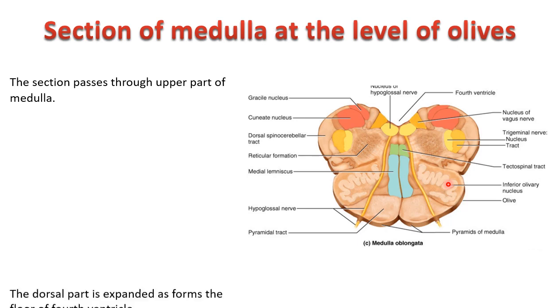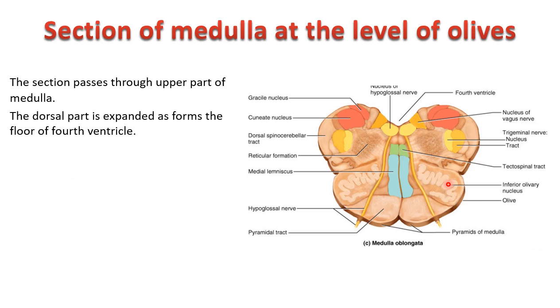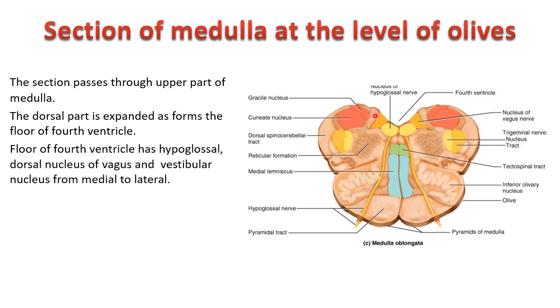Before that, what are the other aspects? You're able to see now the dorsal aspect has expanded in the upper part of the medulla, forming the floor of the fourth ventricle. On the floor of the fourth ventricle, you are able to see the nucleus of vagus that forms the vagal trigone, which we have seen on the surface. And more laterally, what you see is the vestibular nucleus.